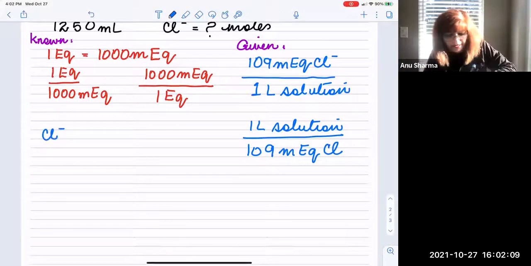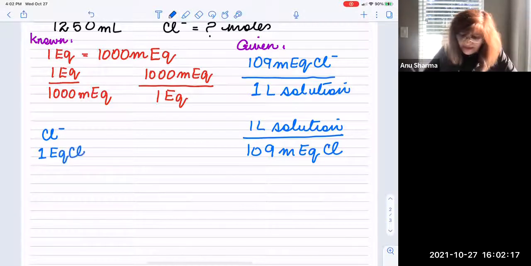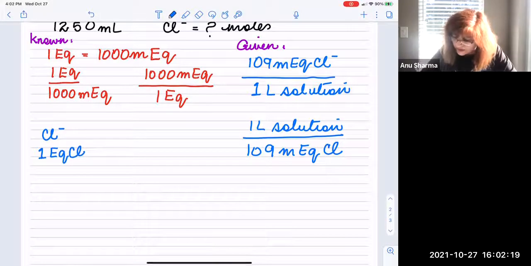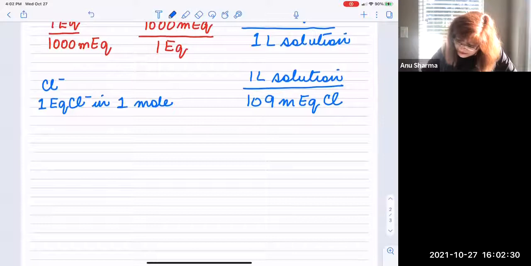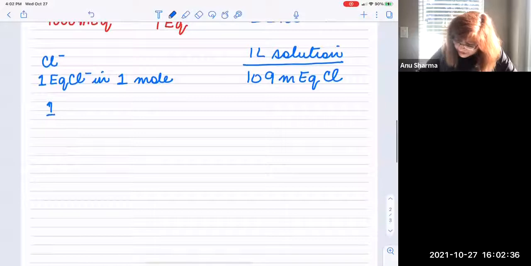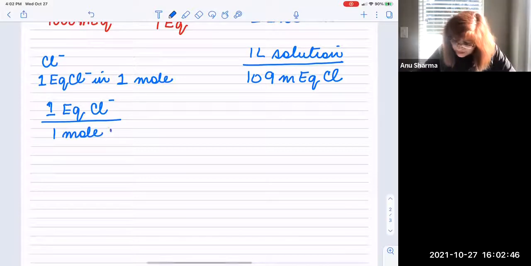Now this is for a chloride ion. How do you write this? When we say 1 equivalent of chloride ion, what does that mean? It means the number of equivalents in 1 mole, based on the charge. So in other words, 1 equivalent of chloride ion over 1 mole of chloride ion.